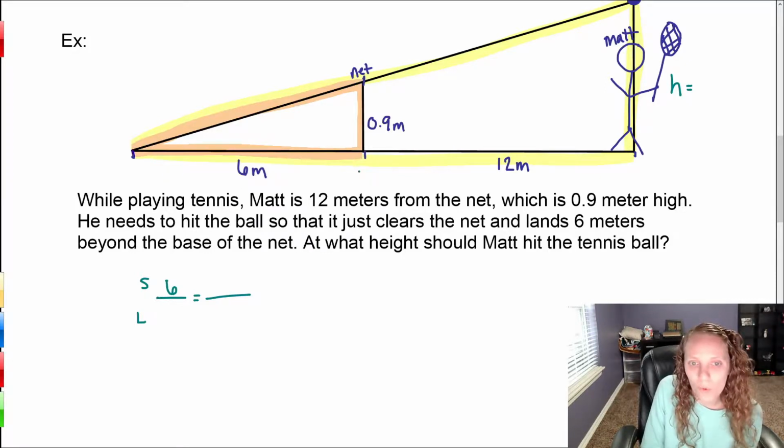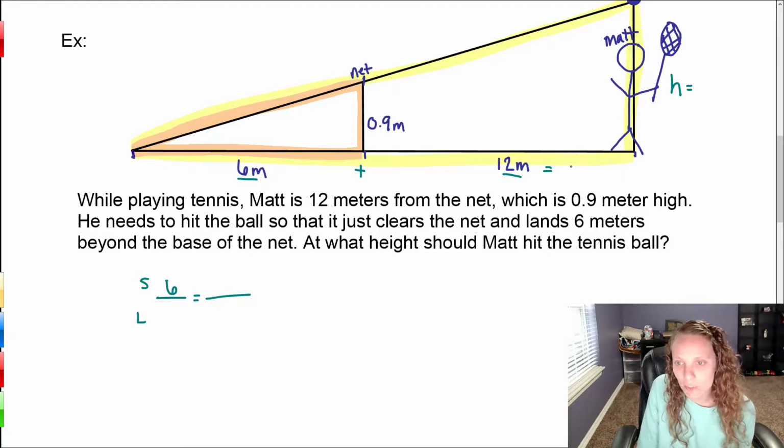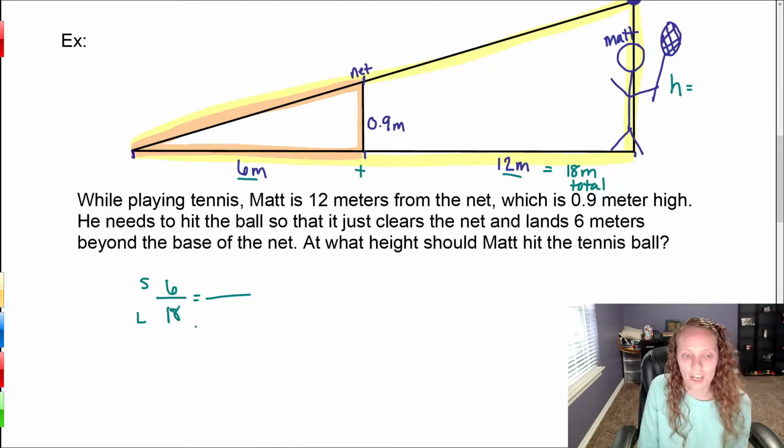So this total distance, we actually need to add these two numbers together to give us this longer yellow side. So 6 plus 12 is 18 meters total. So 6 corresponds to 18 from the larger shape.